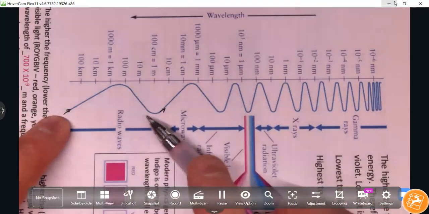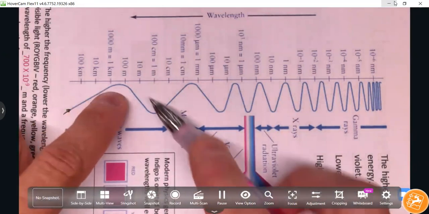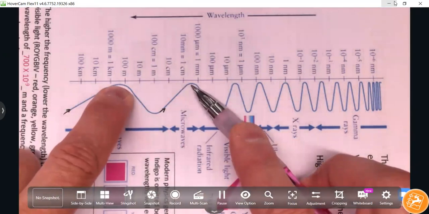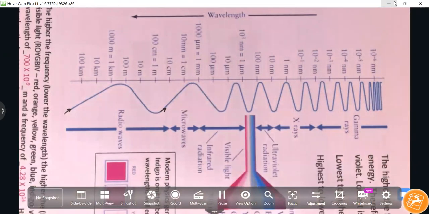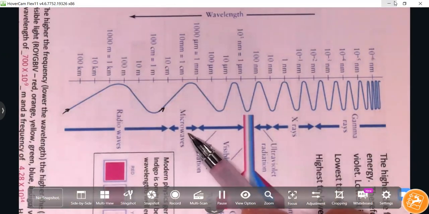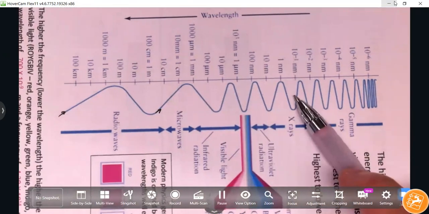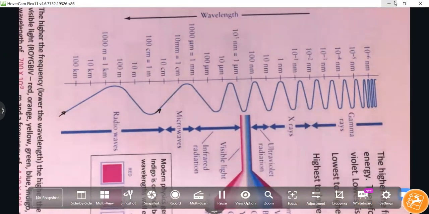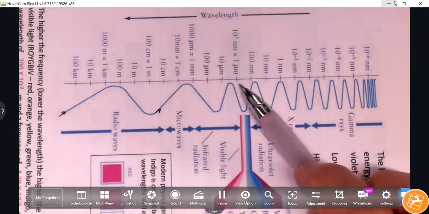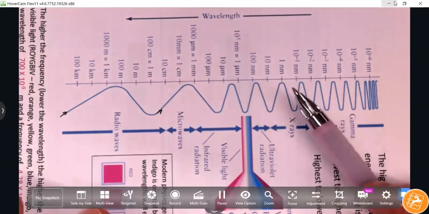So you could say this distance could be a wavelength, or you could go peak to peak on top. As we go to the right, we have microwaves. You see that we get more waves as I go to the right. The frequency increases, and the wavelength, the distance between crest and crest, gets less and less.